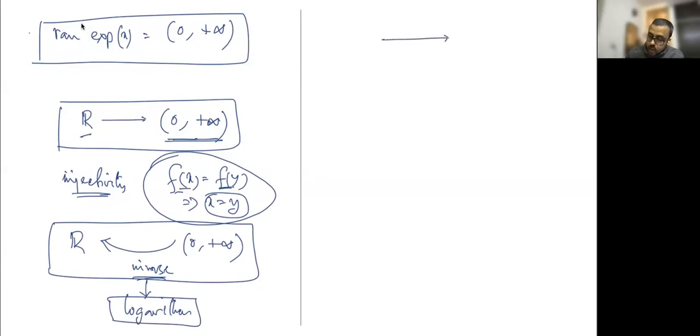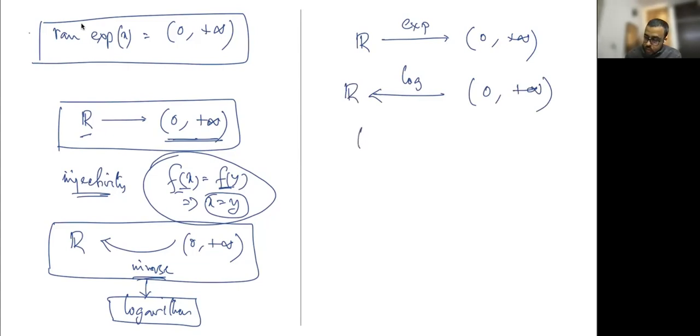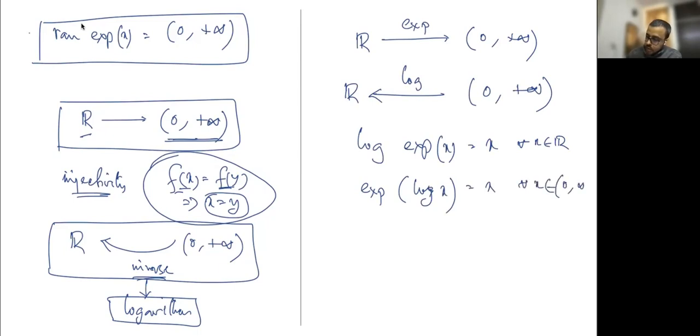So exponential goes from R to 0 to infinity, and logarithm goes from here to R. So log of exponential x is x for all x in R. Exponential of log of x is x for all x in 0 to plus infinity.